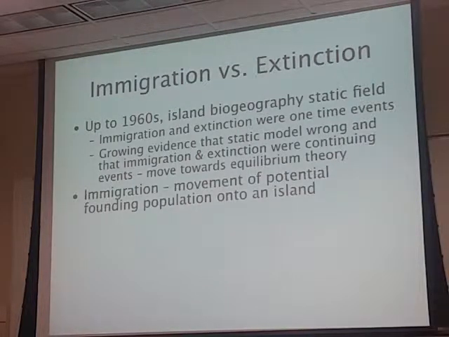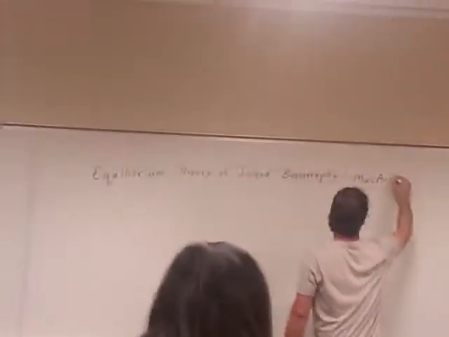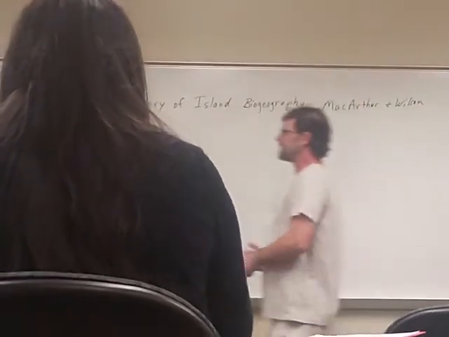So we need to define some terms. This equilibrium theory of island biogeography came from Wilson and MacArthur, and these are the terms, the way that they defined them.